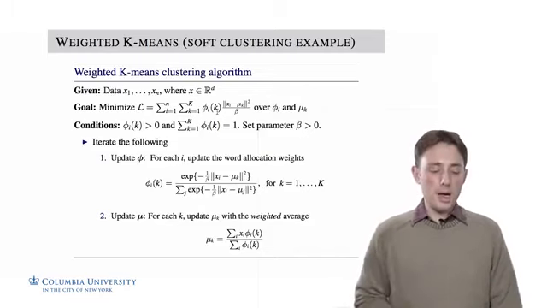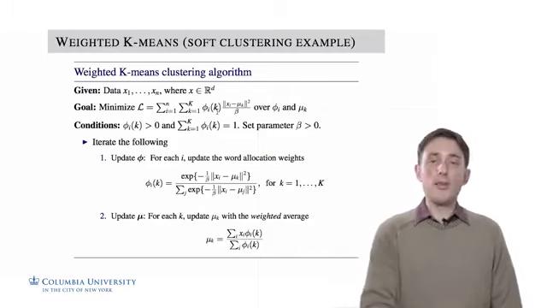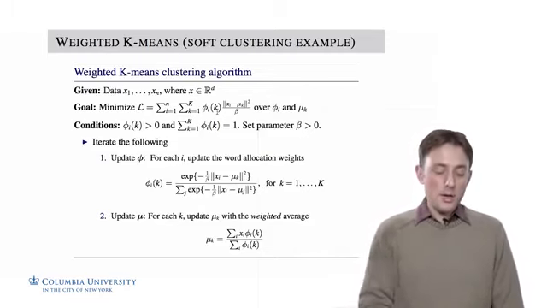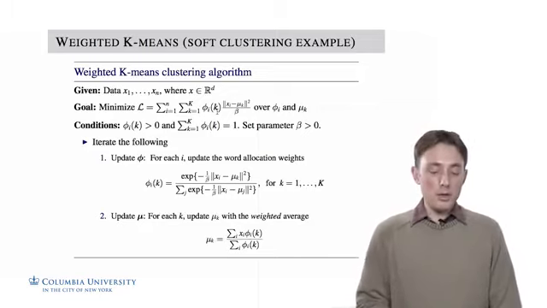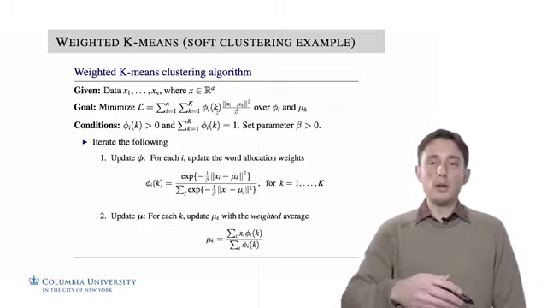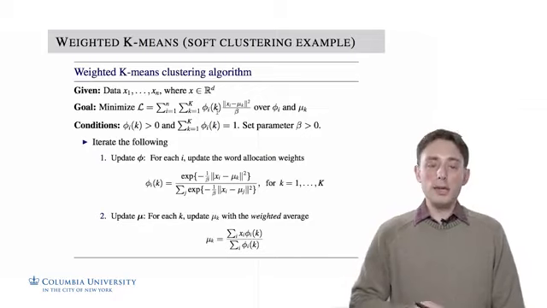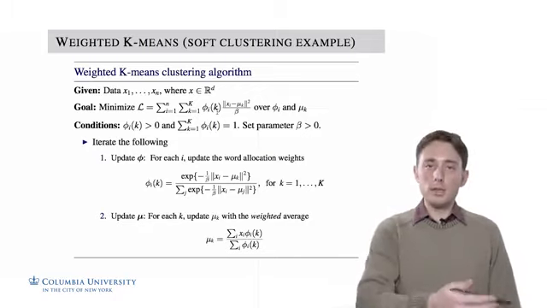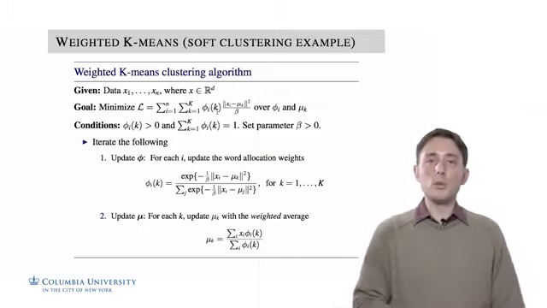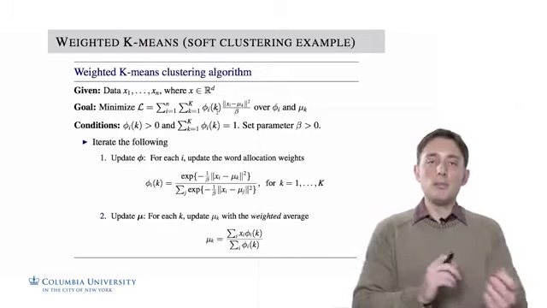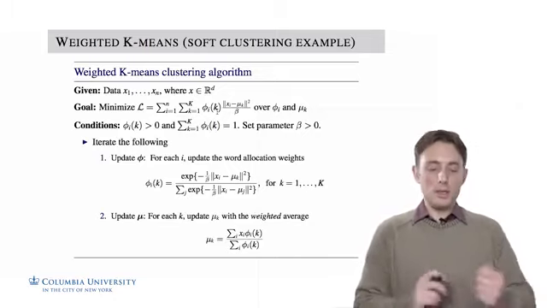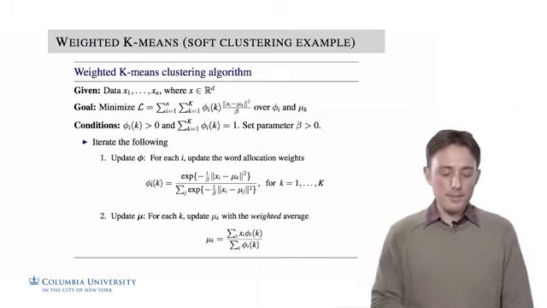The coordinate descent algorithm then gets modified in this way. So for a particular iteration, again, we look through each of our n data points, and instead of assigning them to a single cluster, we assign responsibilities across the clusters according to this weight phi.